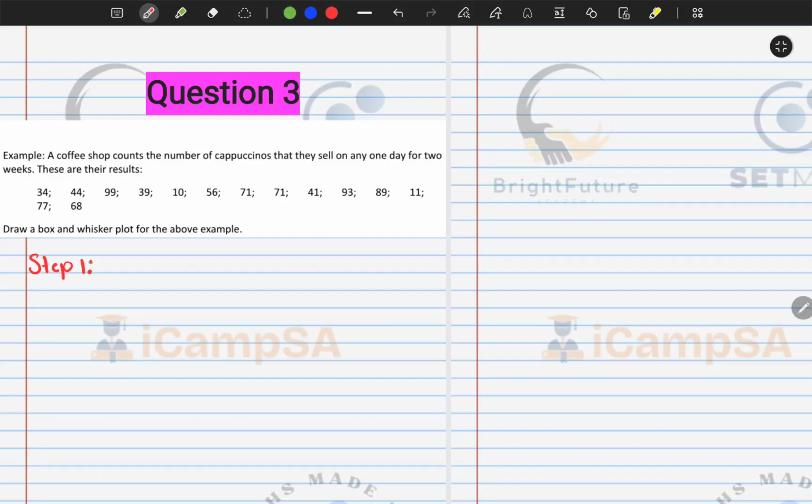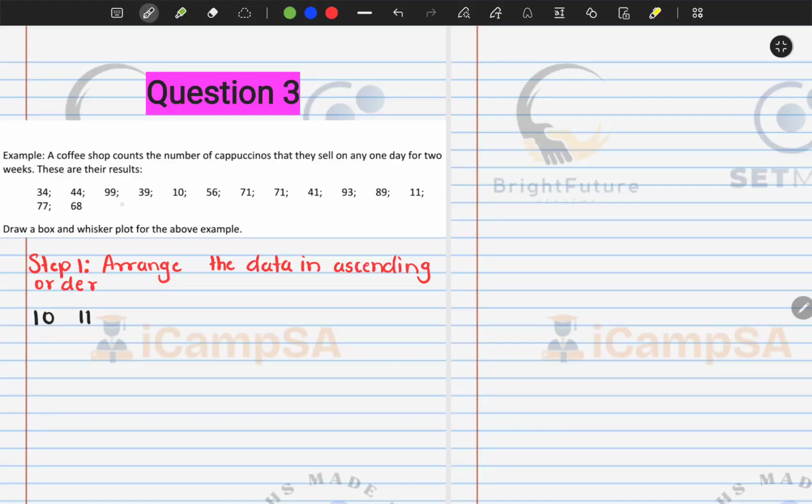Step 1. What we are going to do is arrange the data in ascending order. So let's go ahead, smallest to biggest. If you observe carefully, you should have a 10 and then 11.